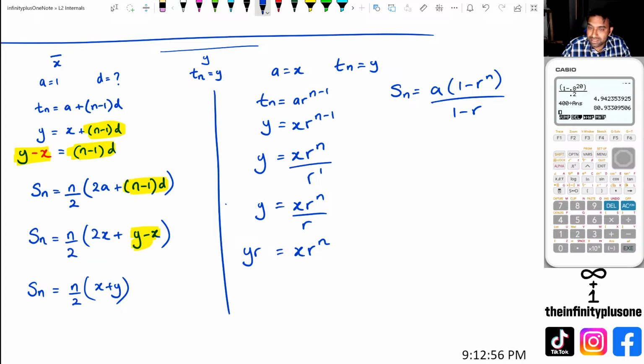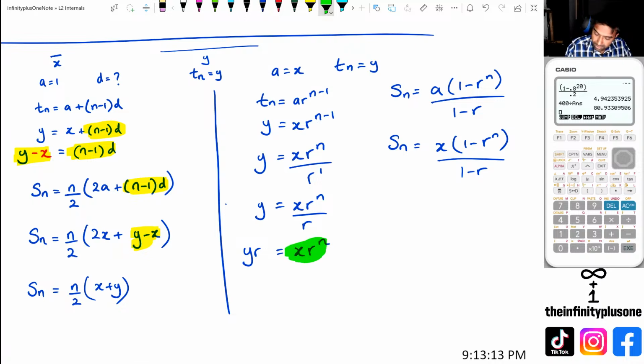Now I'm going to go back to that second equation, where Sn, with a equal to x, is x times (1 minus r to the power of n) divided by (1 minus r). Now I need to figure out how I can bring y in here. What I want you to have a look at is that here you've got x r to the n. You also have x and r in here.